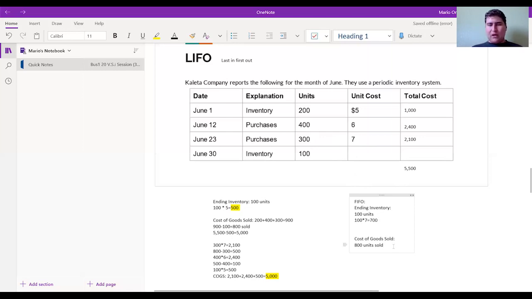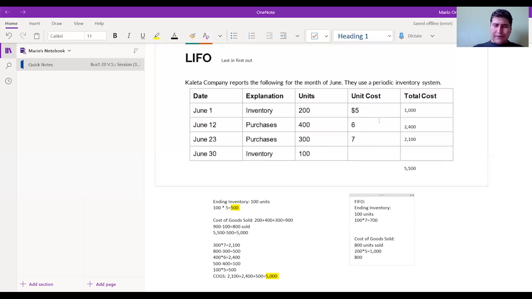So for our cost of goods sold, we can do the 5,500 minus the ending inventory, but just so we can see the flow again, we can do it from the first layer down. So 200 units times $5 a unit. That'll give us 1,000 again. We're using the total cost again.